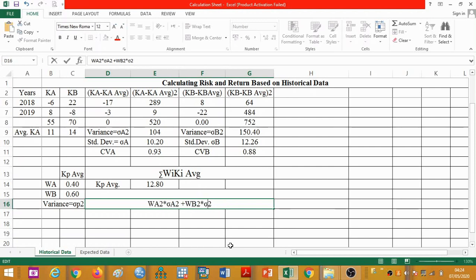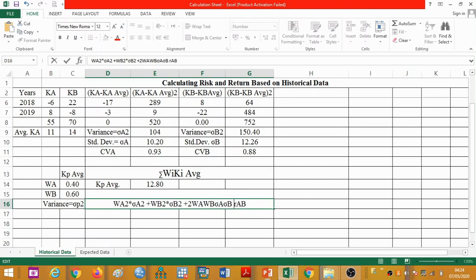I'll replace it with B, plus 2 WA WB sigma A sigma B, so I'll replace it with B, and R AB.